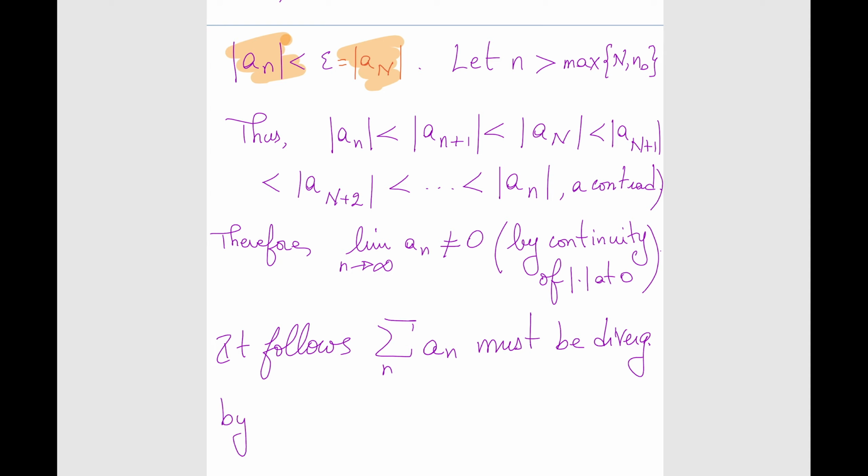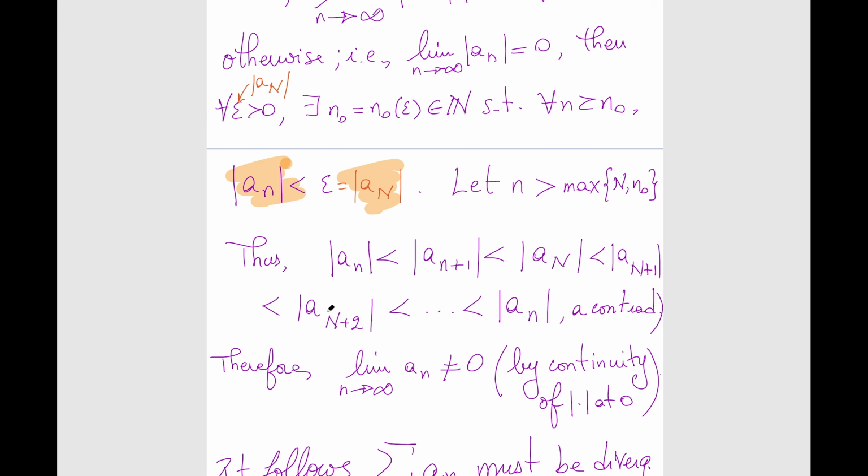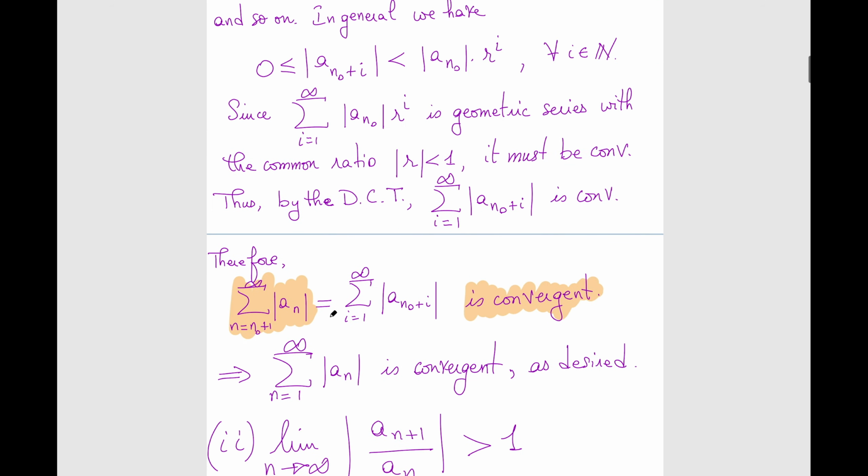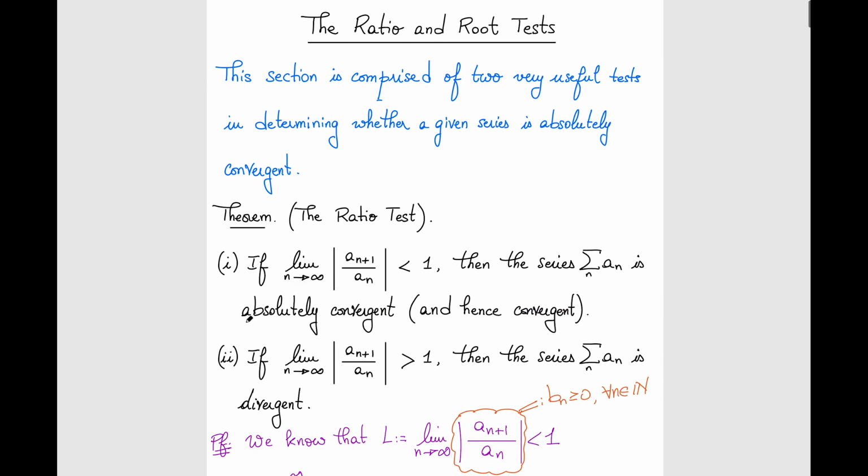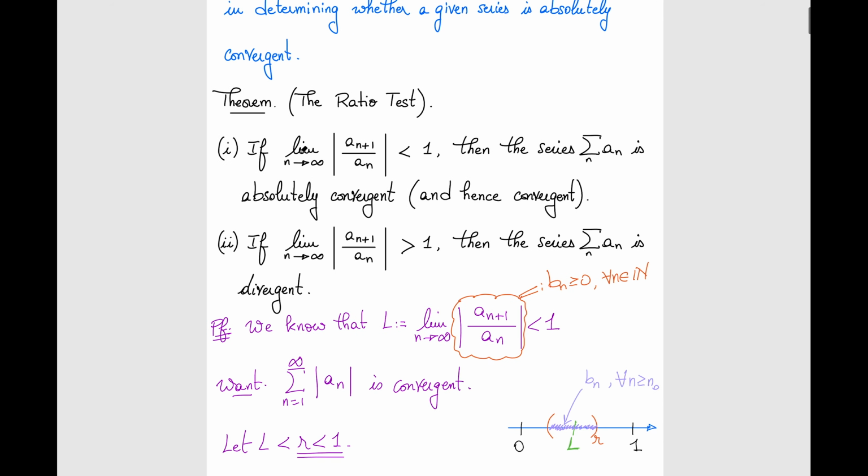By the test for divergence, because the terms do not go to 0. Remember that test? Okay. All right, so this completes the proof of parts 2 and 1. So we're done with part 2. We just finished it. Part 1 we finished earlier. So we can use the theorem anytime we want.